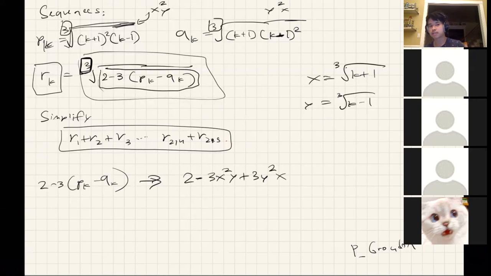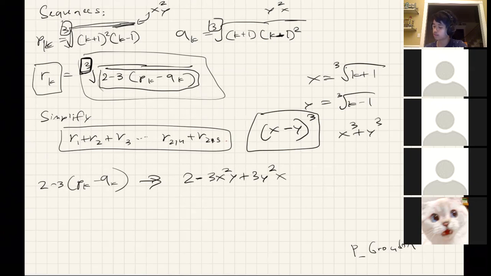So now it looks a little bit like the expansion of x minus y cubed, right? The only thing that separates them is that the expansion of x minus y cubed has x cubed minus y cubed. In this term, we actually have something weird. We have a constant of 2.